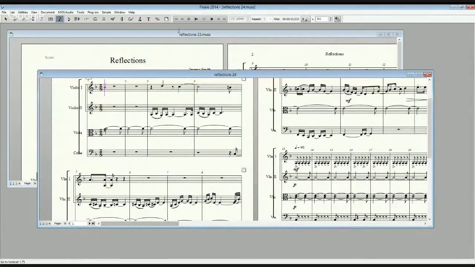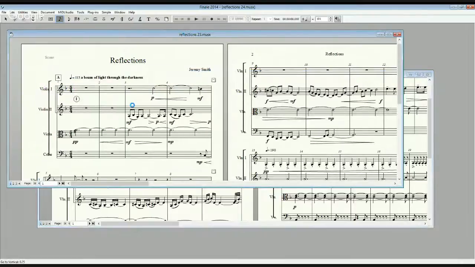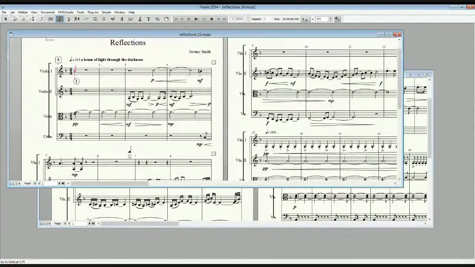So okay, dynamics and then something else.